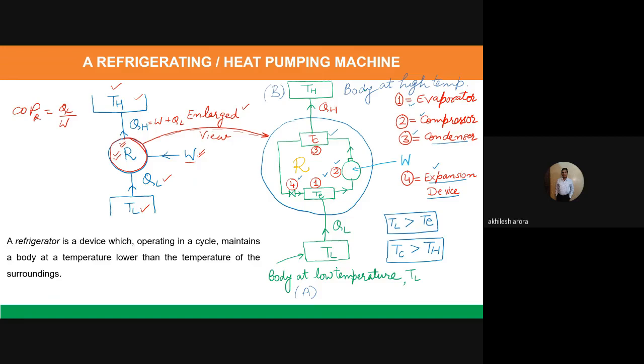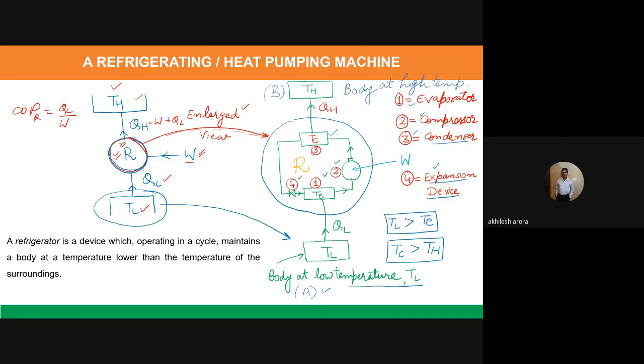Once we enlarge this refrigerator, we still see the lower temperature existing here. We have only replaced the reservoirs by two bodies. We have a body A at low temperature TL, which is basically the space in the refrigerator where we are cooling the products.